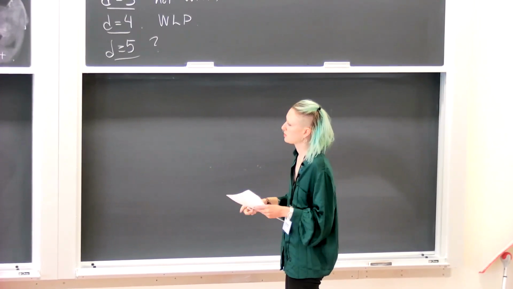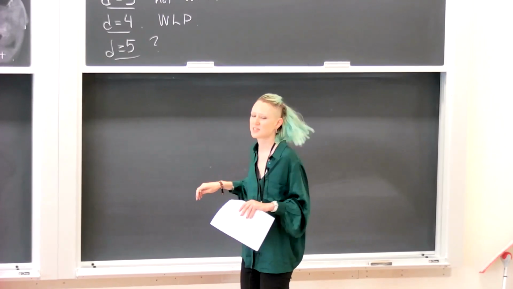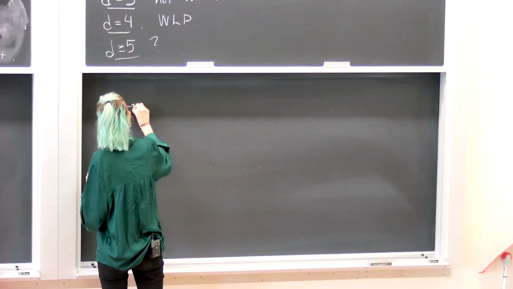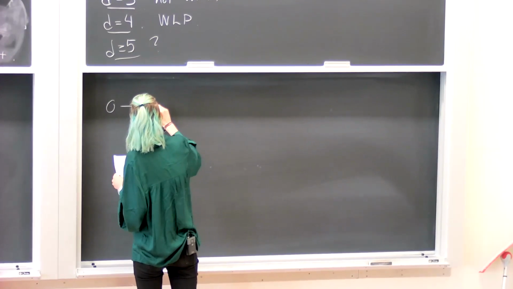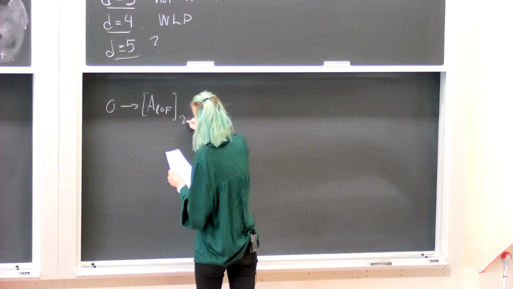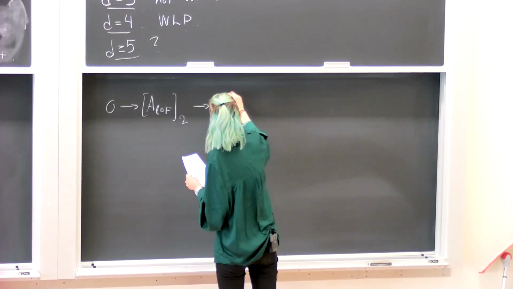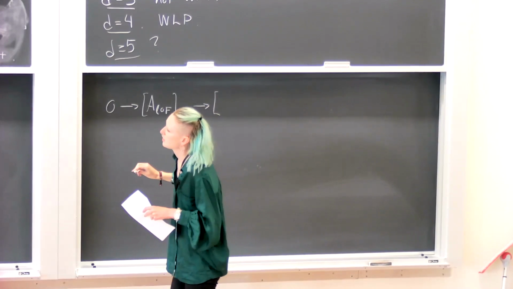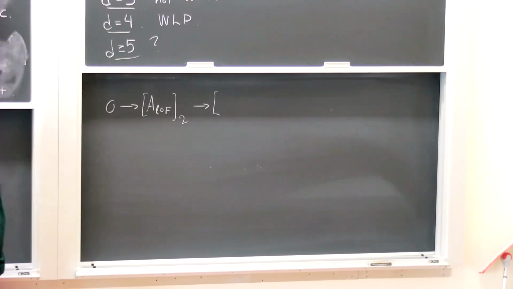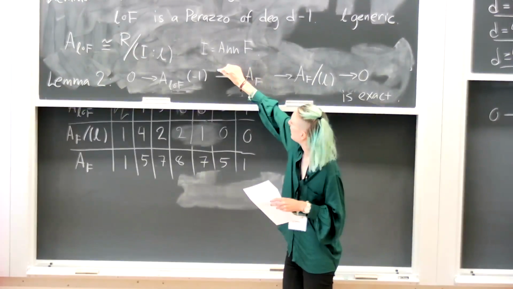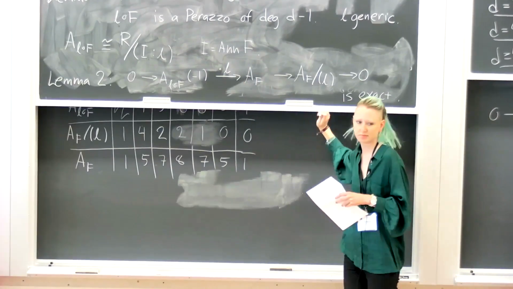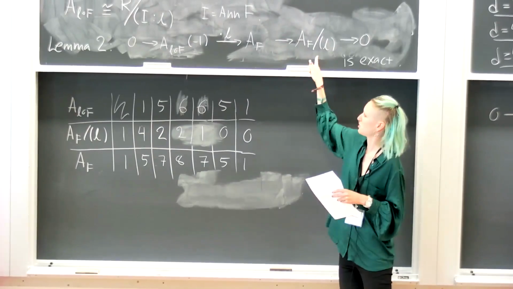So to analyze this case, I'm going to draw a nice commutative diagram over here. I didn't say, but probably you guessed that this step of the map is given by multiplication by L. And here it's just the canonical map.